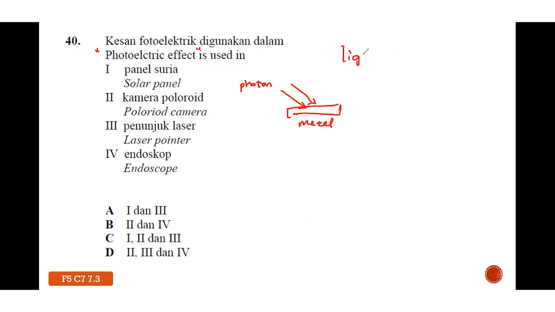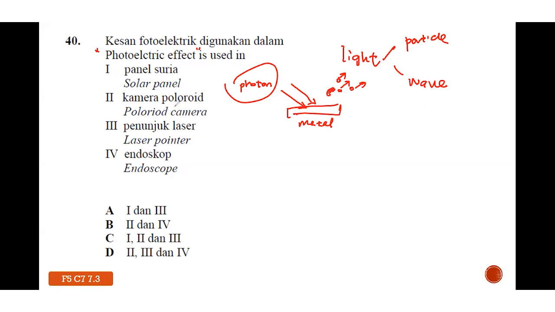You all need to know two concepts: light can be in terms of particles or waves. Light in terms of particles, we call photons. Light waves you learned in the Form 4 wave topic, like all the electromagnetic waves. Under electromagnetic waves, we have light waves. When you illuminate the metal, photoelectrons are emitted out. This is called the photoelectric effect.